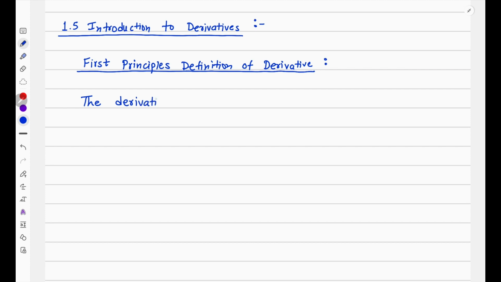The derivative of a function f(x) is a new function.